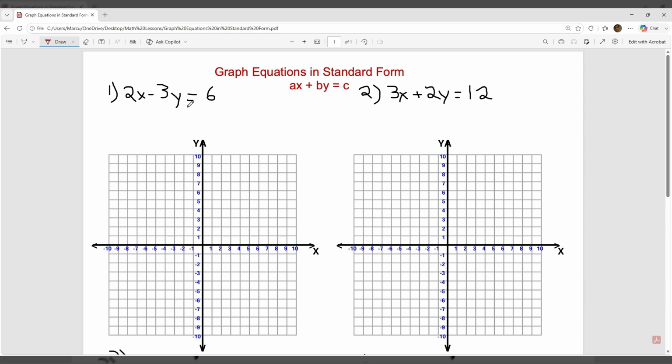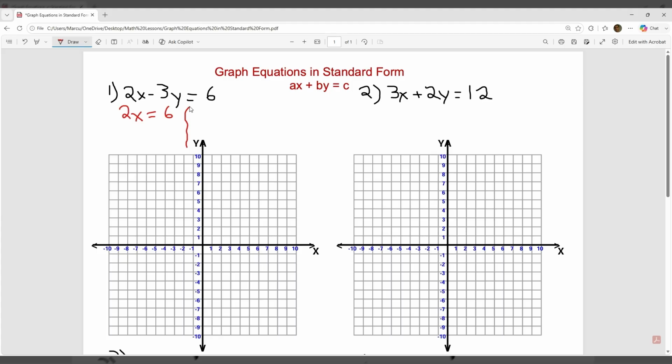So what you want to do is split this into two parts, where you're going to have 2x equal to 6, and you're going to just omit the y because technically you're replacing the y by 0, but you can kind of skip that step and just have 2x equal to 6.